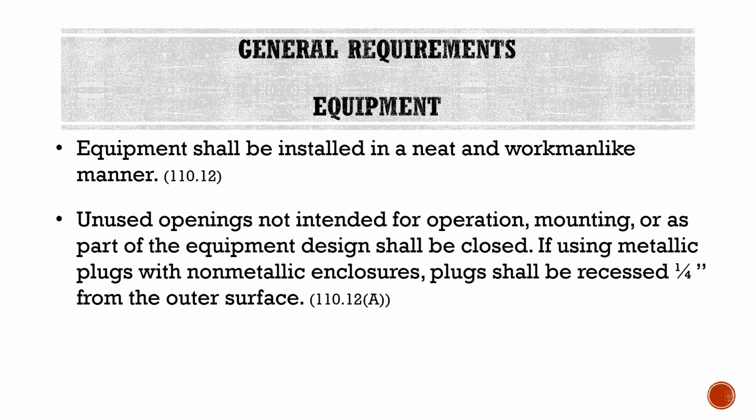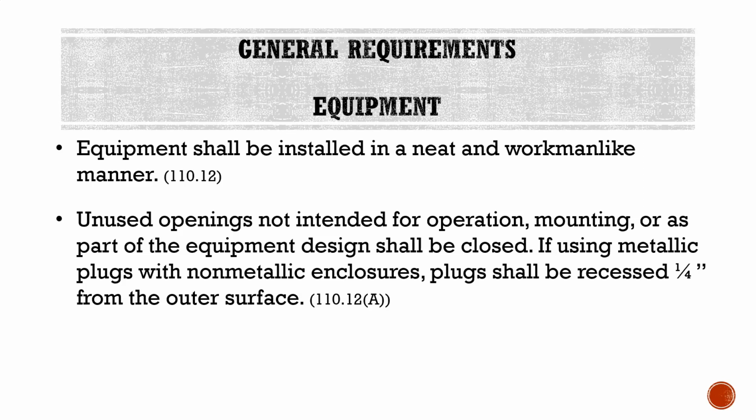And the same concept with this metallic plugs with non-metallic enclosures. This is because typically with a non-metallic enclosure, the enclosure itself will not be grounded or bonded due to it being non-metallic and thus non-conductive.